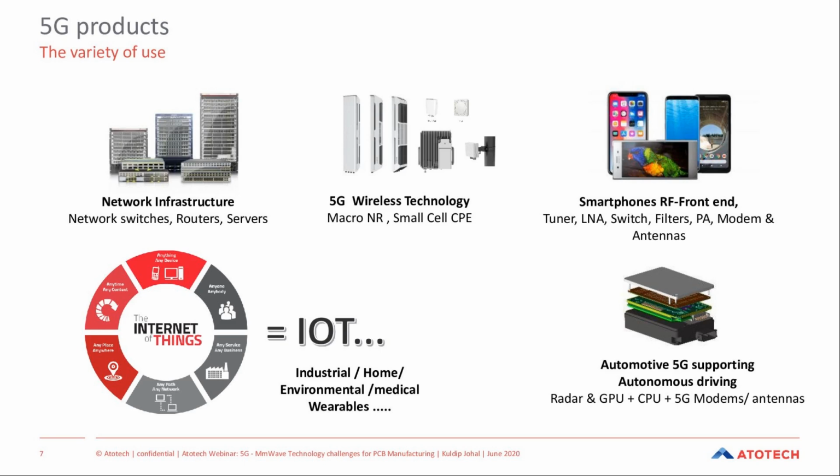We also see the smartphone, which is obviously a fairly complex situation in terms of the build structure that's going to be required in terms of the antennas and the RF filters, etc. And something that really may not be classified as 5G, but I look at it as a high frequency application that is already being adopted by the industry, is the automotive industry in connection with LiDAR and radar.